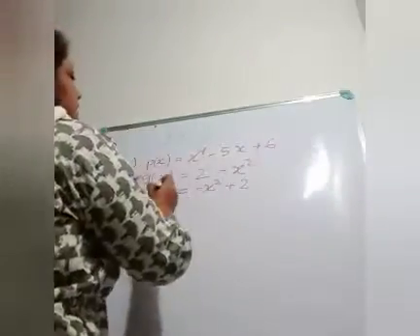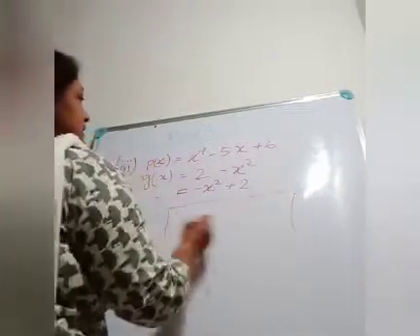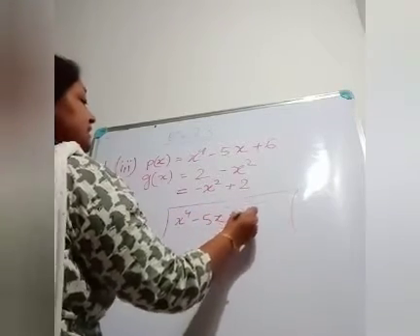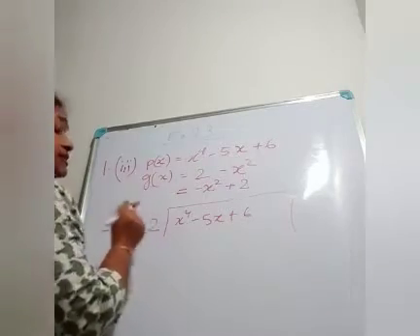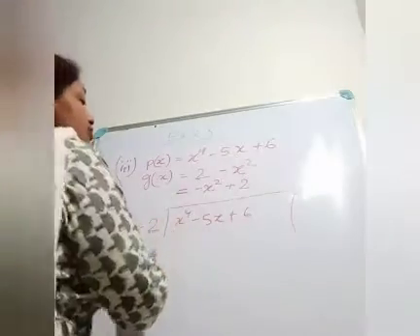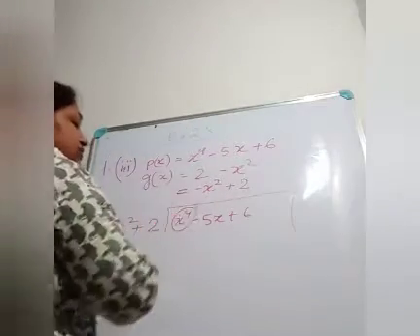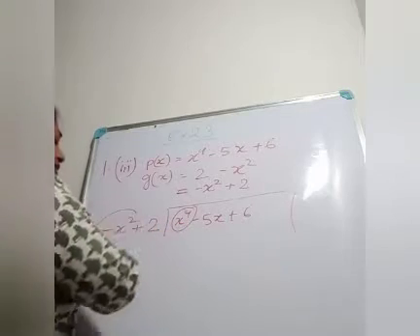Now let's divide p(x) by g(x). Here p(x), that means x^4 minus 5x plus 6, is the dividend and minus x square plus 2 is the divisor. So how will you divide this polynomial? First you take the first term of the dividend and the first term of the divisor.